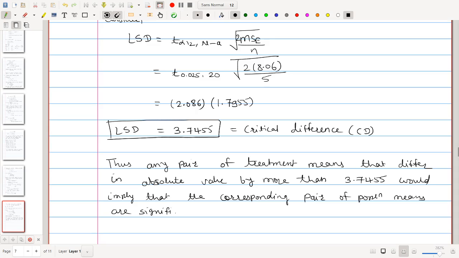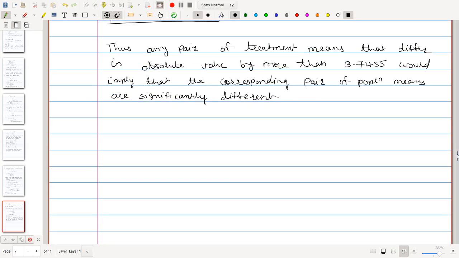Just like our Tukey test, we want to take the pairwise absolute difference of each pair.